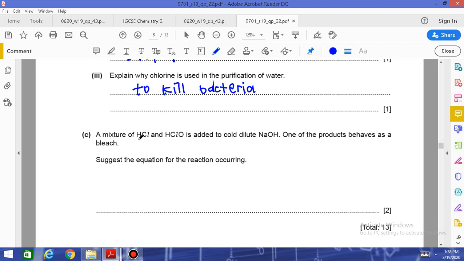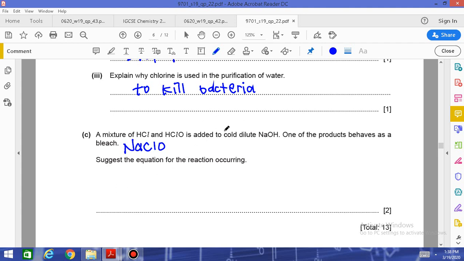Next, a mixture of hydrochloric acid and HClO is added to cold dilute sodium hydroxide. One of the products behaves as a bleach. This is NaClO. Suggest the equation for the reaction occurring.